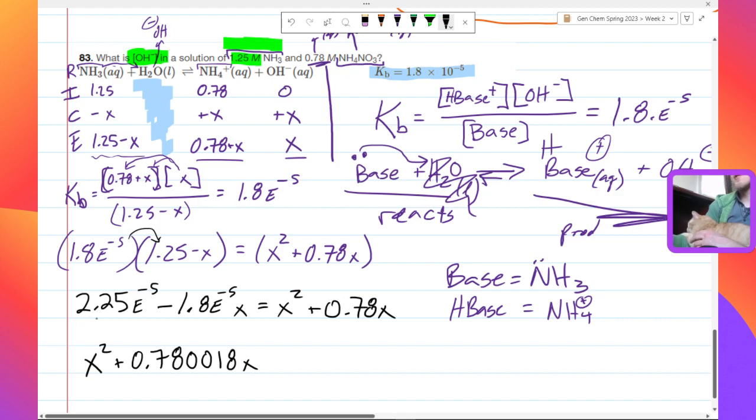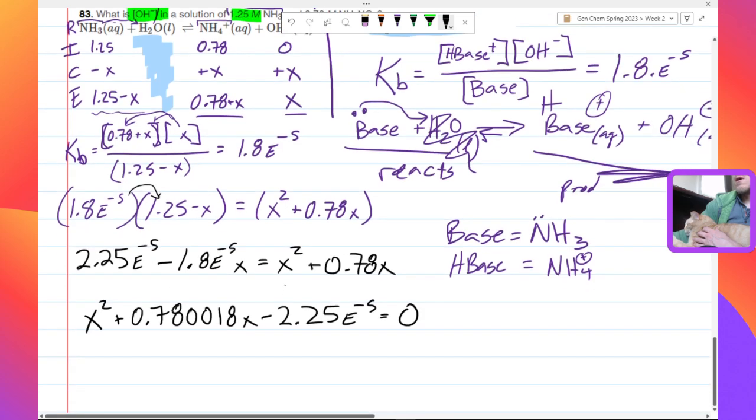And then I have to take the 2.25 times 10 to the minus fifth and move it to the same side as my x squared, which I've flipped again. So I have to subtract it from both sides to move it, equals 0.